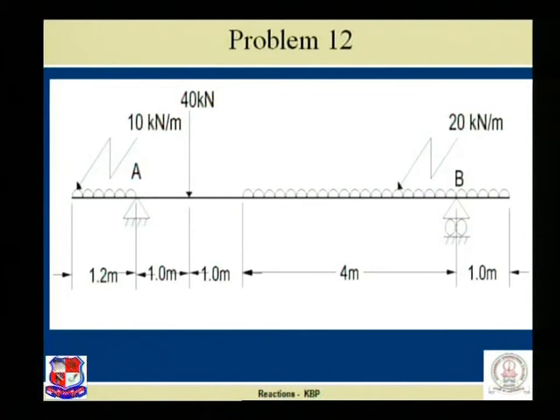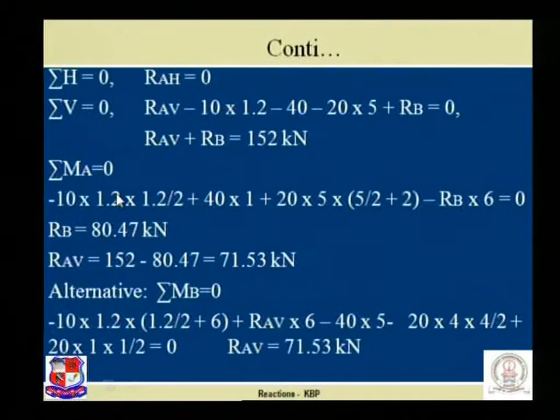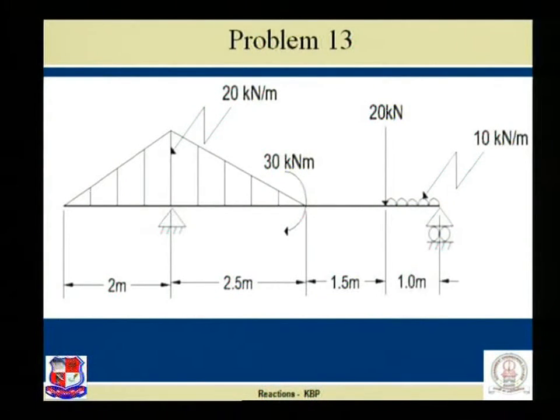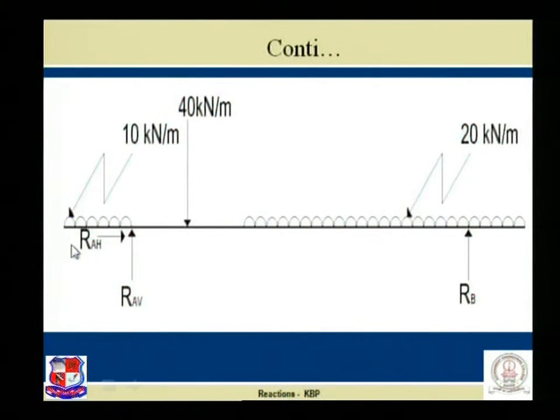So ton into 1.2, which is acting downward, so minus ton into 1.2, with the negative sign.